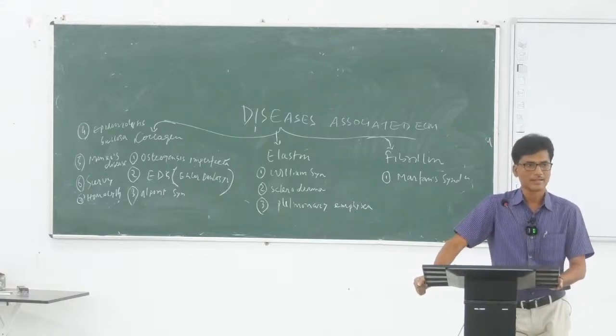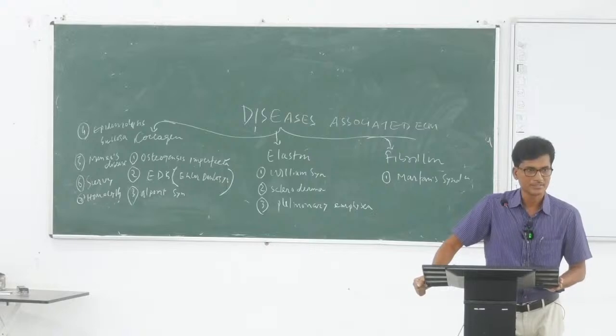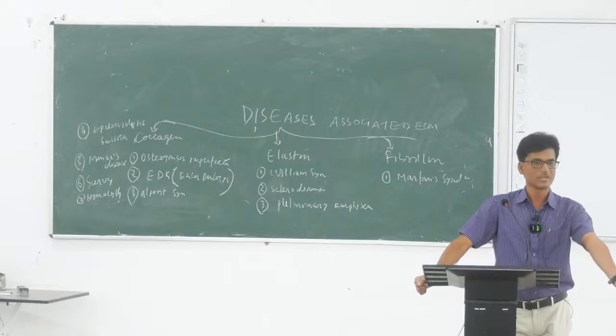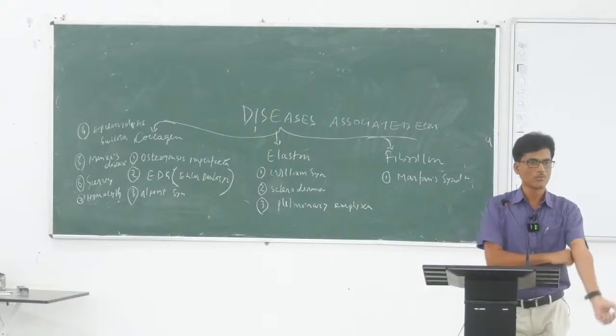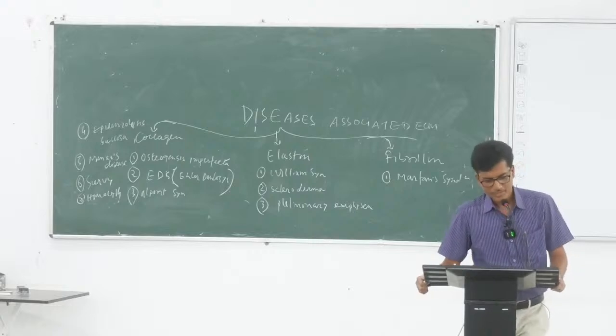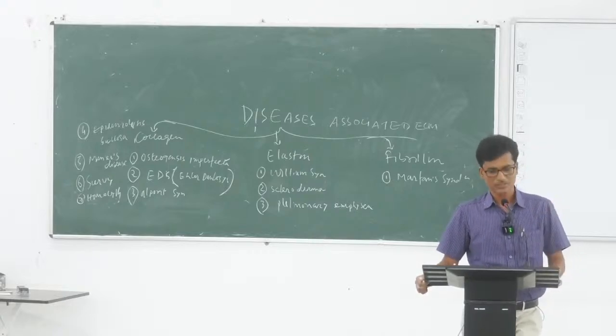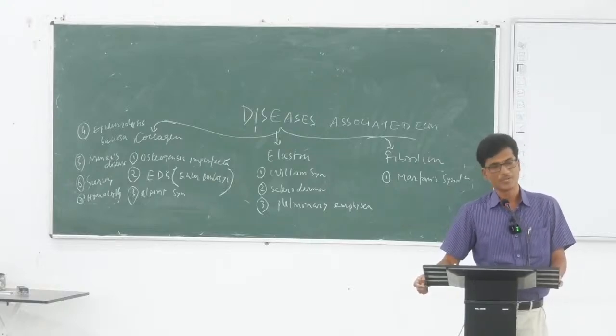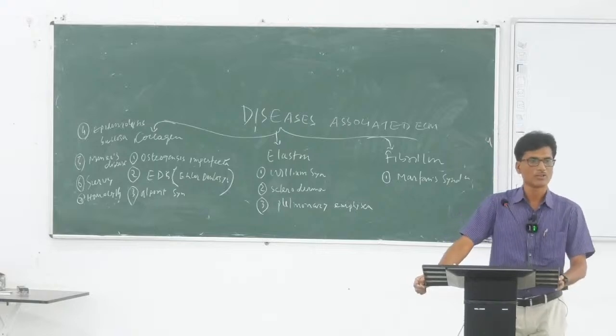The disease is characterized mainly by hyperextensibility of the skin and joints. We can move up to a certain point, but in them it moves more, bends more. About 10 types of Ehlers-Danlos syndromes are seen, of which type 4 is very dangerous. That gives rise to aneurysm of the aortic walls.